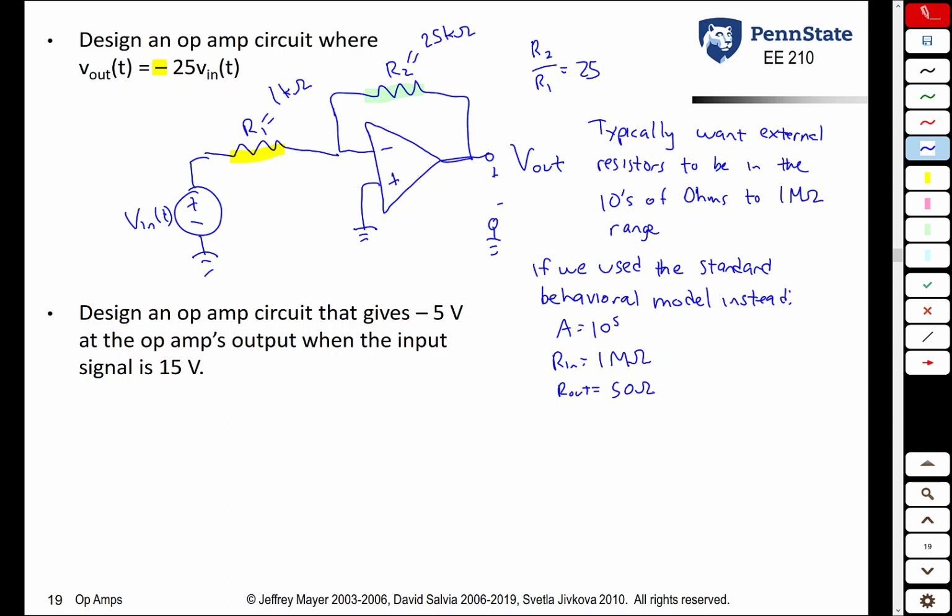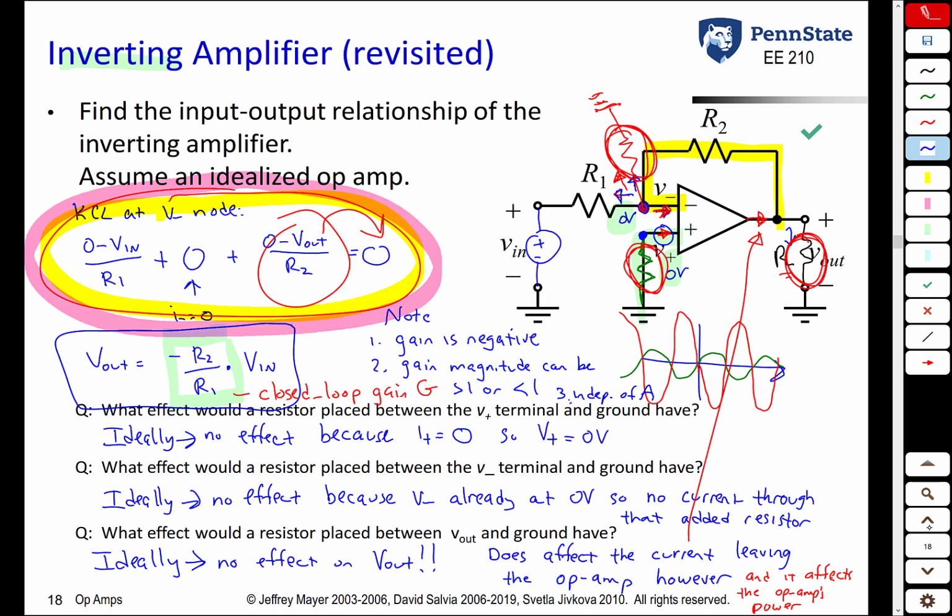If you plug those values plus our value for R2 and R1, 25 kiloohm and 1 kiloohm, into that gain equation, you get a closed loop gain of minus 24.9935.